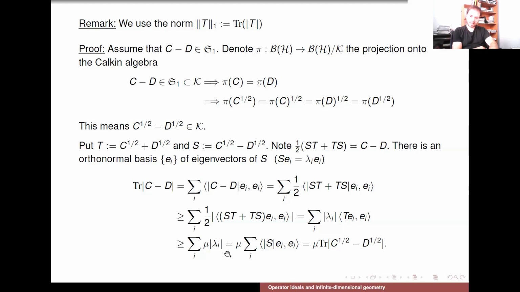And now in this last part, we use our hypothesis about the sum of the square roots, which is bounded from below by some mu. So we arrive at the one norm of the difference between the square roots.